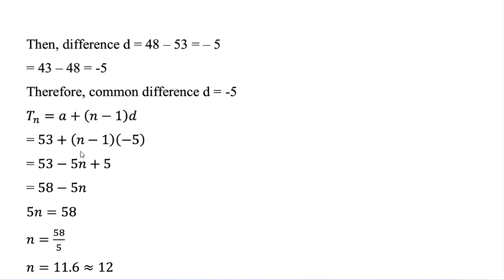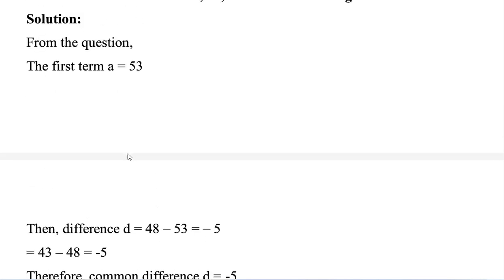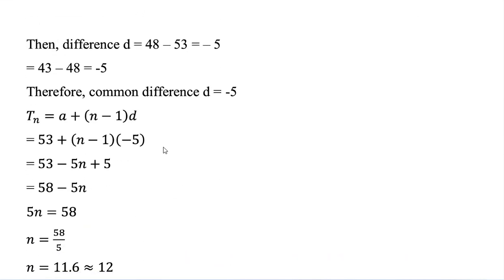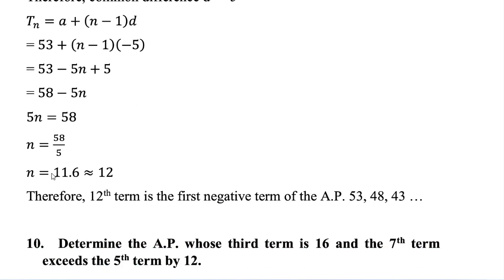Tn is equal to A plus (n minus 1) into D. A means here 53, n I don't know, D means minus 5. A little bit of calculation, you will get n is equal to 11.6. That is closest to 12. Okay, so therefore the 12th term is the first negative term of that particular AP.